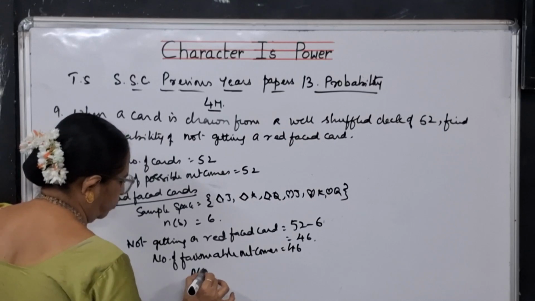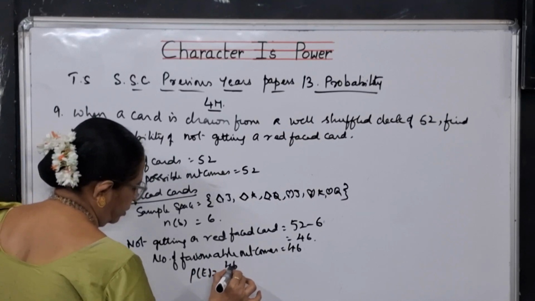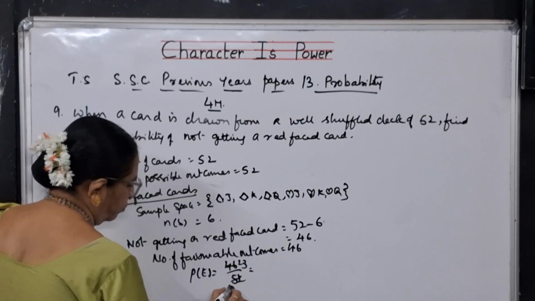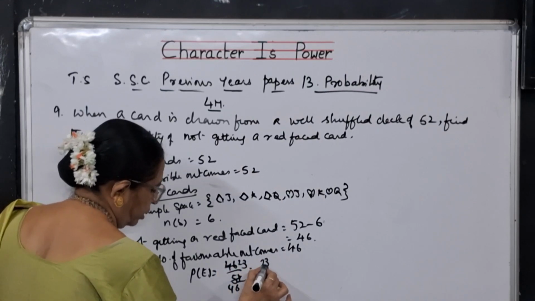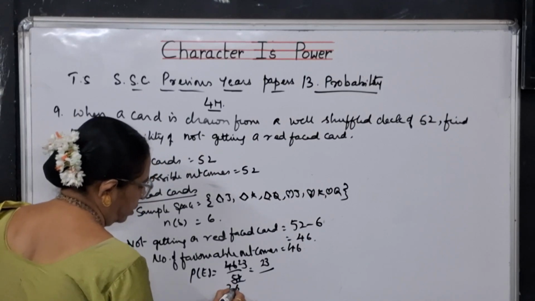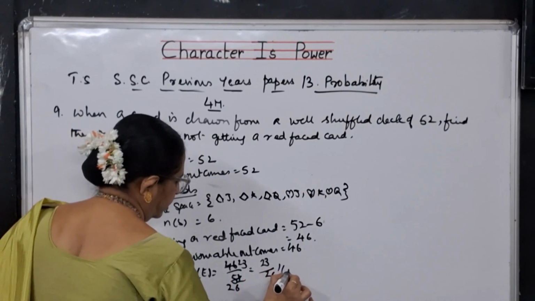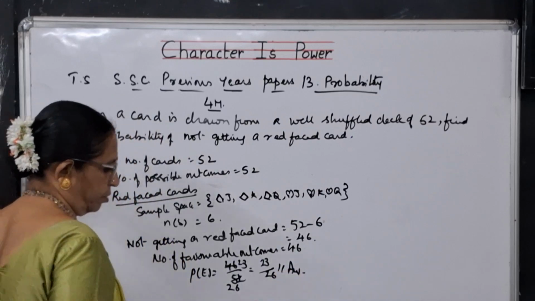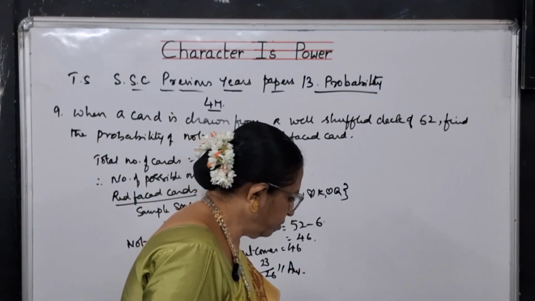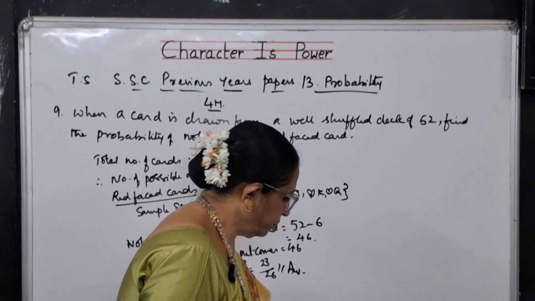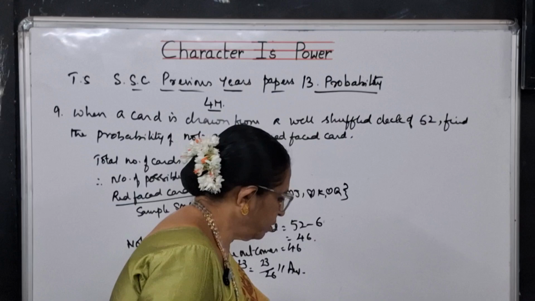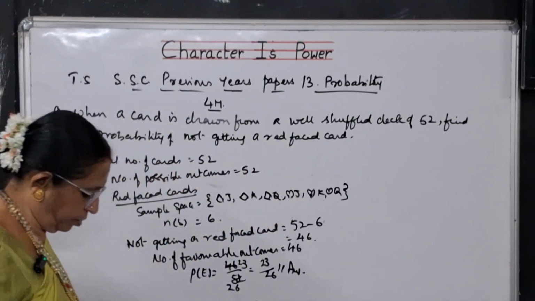So what is P of E? It is 46 by 52. So 2 2s are 4, 2 23s are 46, 2 26s are 52. 23 by 26 is the answer. So please write down this, children. Now please copy it.